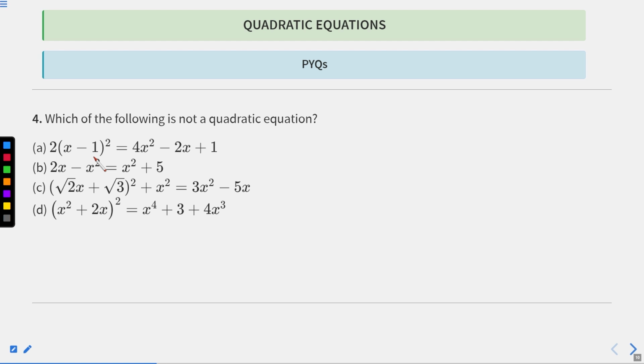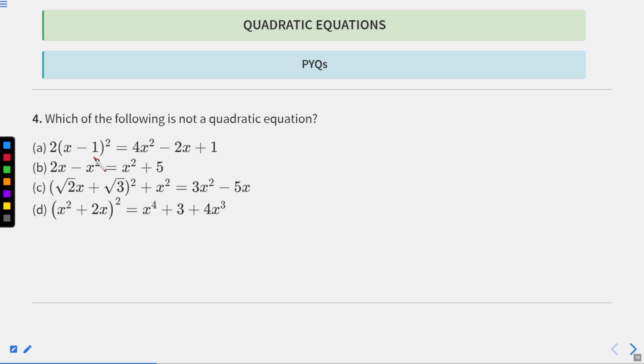To show whether this is a quadratic equation or not, we first have to simplify it. If the simplified equation is of the form ax square plus bx plus c is equal to 0, then it is a quadratic equation. Otherwise it is not a quadratic equation.